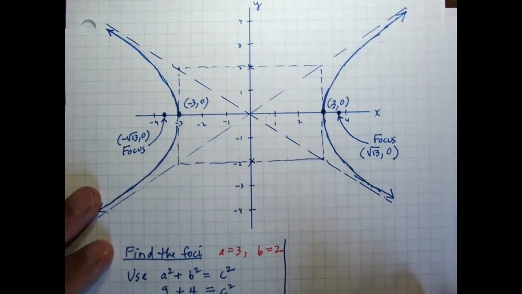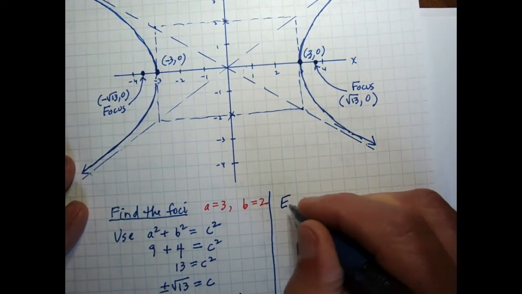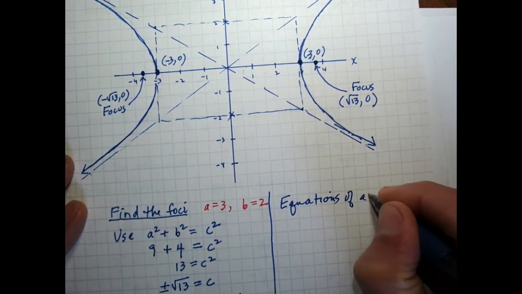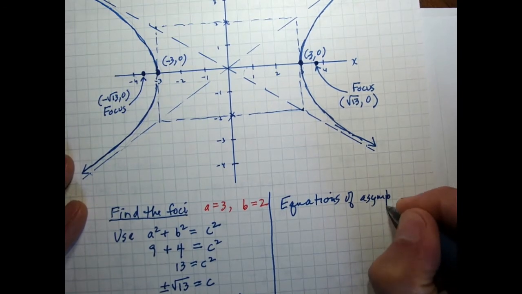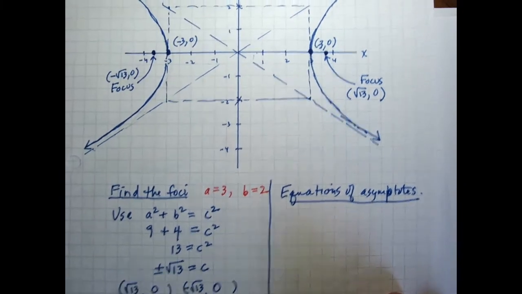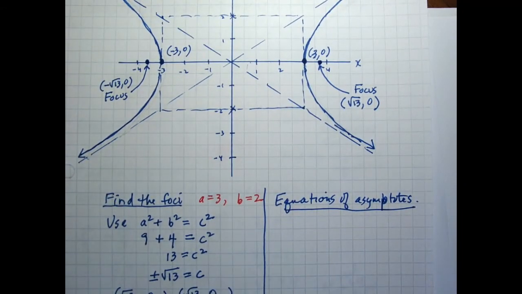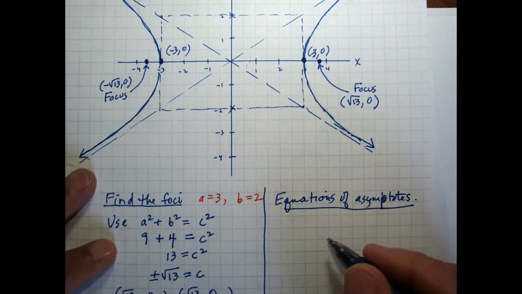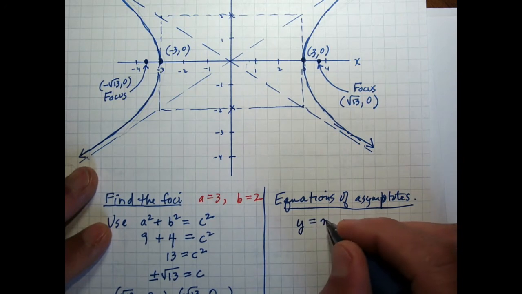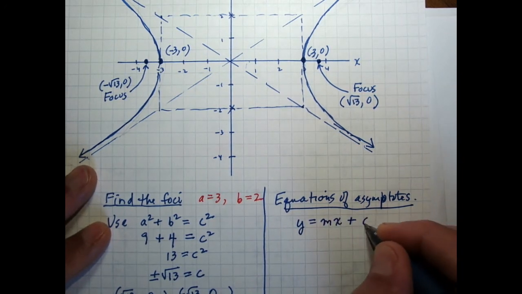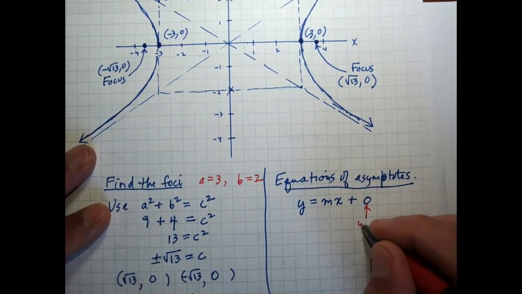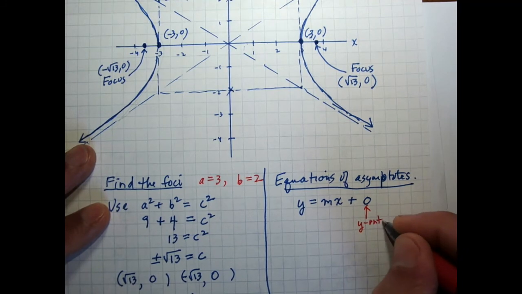Now, the other thing we need to be able to find are the equations of the asymptotes. They're always going to have a form y equals mx plus 0, because we know the y-intercept is 0 for both asymptotes.